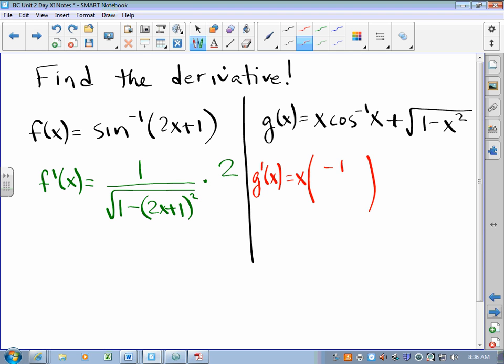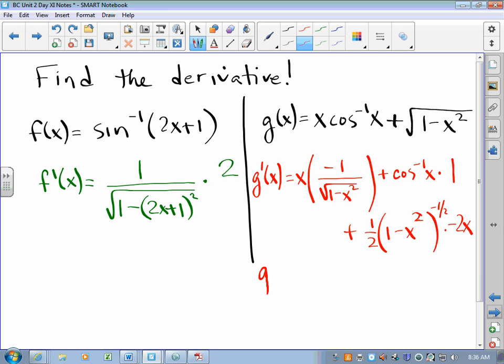It's 1 prime 2 plus 2 prime 1. And then the radical, it's a square root function. The derivative of the square root of whatever is 1/2 times whatever to the negative 1/2 times negative 2x.